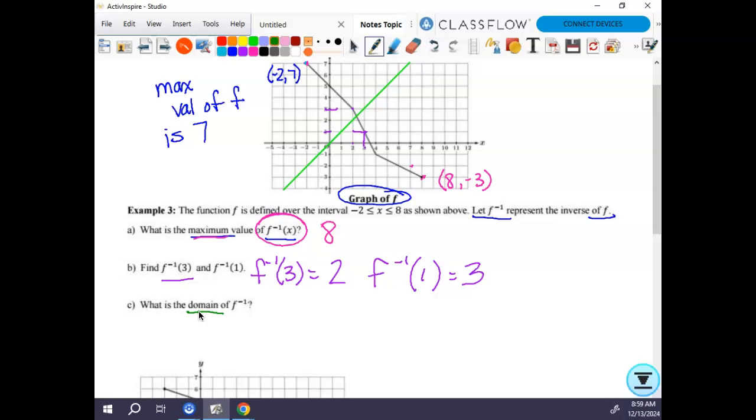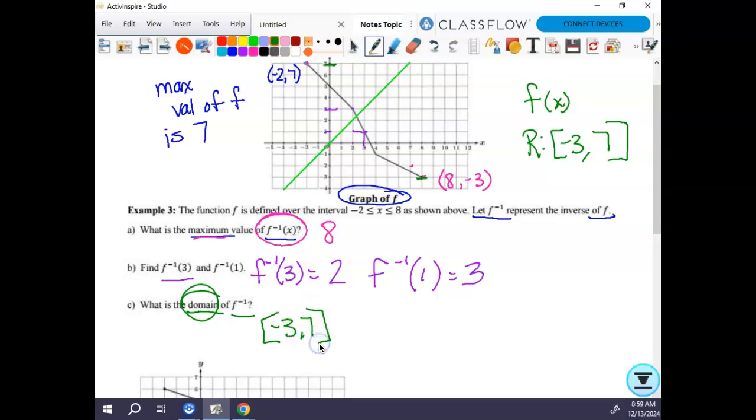So for f of x, the range, I start down here at -3, and I go to 7, right? So then the domain of f inverse is the same thing, going from -3 to 7.